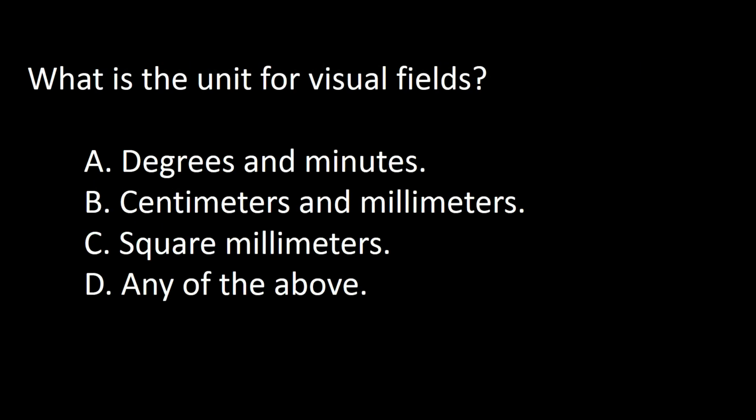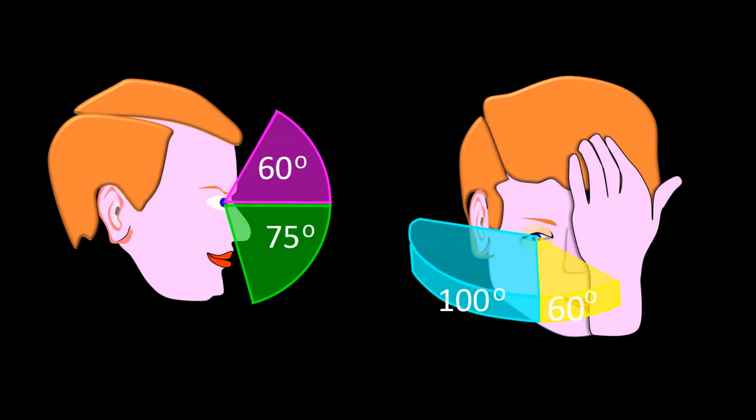Next question. Which is the unit for visual fields? A, degrees and minutes, B, centimeters and millimeters, C, square millimeters, D, any of the above. Visual fields are measured in degrees and minutes.